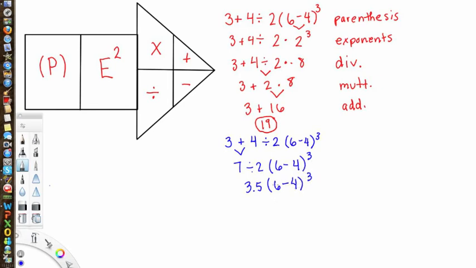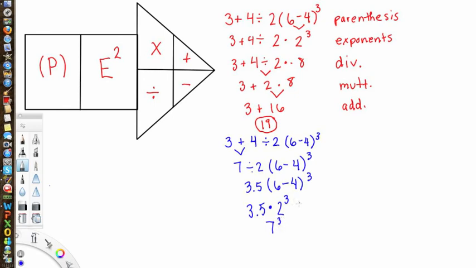Then I think I'll go inside the parentheses now. 6 minus 4 is 2 to the third power. I'm multiplying that. Well, I know that 3.5 times 2 gives me 7.